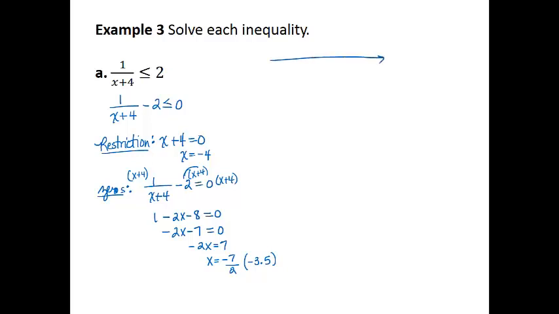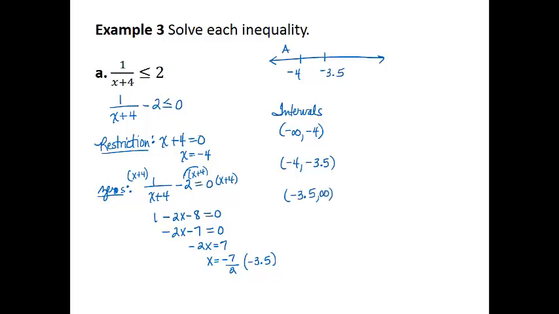So thinking about the intervals that we need to test, we have negative 3.5 and negative 4. Negative 4 is to the left of negative 3.5. So the intervals that we have to test are from negative infinity to negative 4, negative 4 to negative 3.5, and then negative 3.5 to infinity.